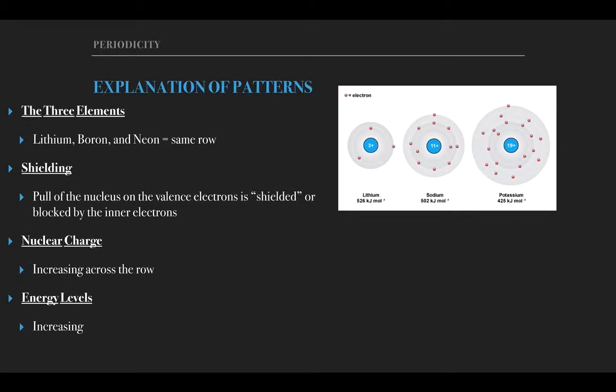In the graph down to the right, you can see that lithium only has 3 electrons, so the valence electrons can still feel the pull of the nucleus. However, potassium has 19 electrons, which causes the valence electrons to be further away from the nucleus, decreasing its pull. Nuclear charge is increasing, and this pulls all electrons closer to the nucleus, which makes the atomic radius small.